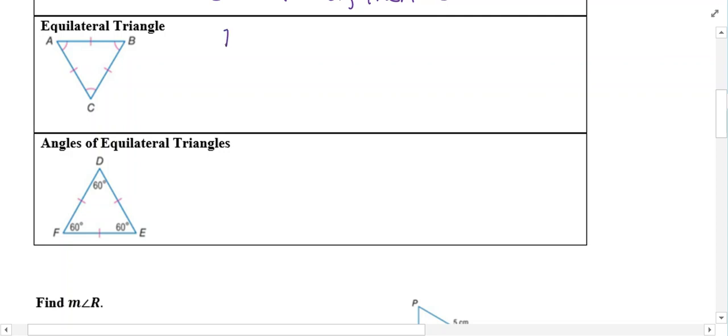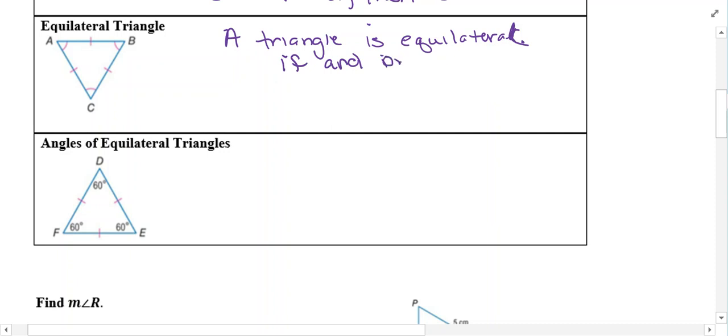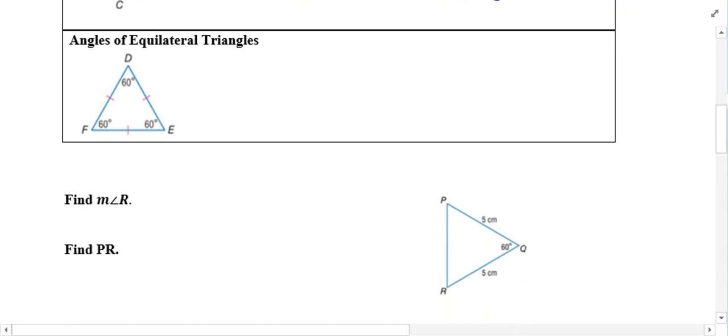So a triangle is equilateral if and only if it is equiangular. Angles of equilateral triangles, each of the angles have to be 60 degrees.